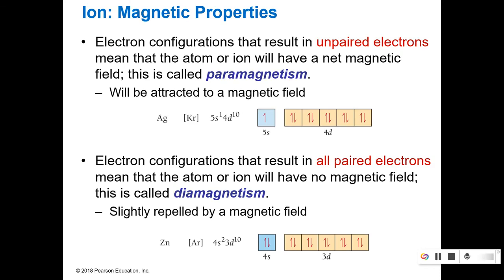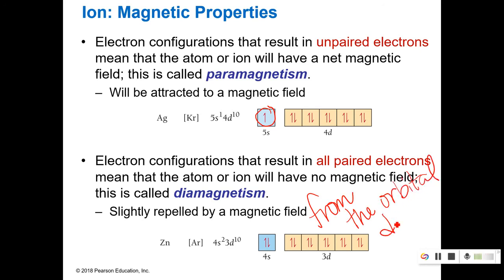Okay, let's just real quickly talk about para and diamagnetism. Paramagnetism is when there's unpaired electrons. So here we've got this unpaired electron. In diamagnetism, everything is paired, and you must do this from the orbital diagram, which means the arrows.